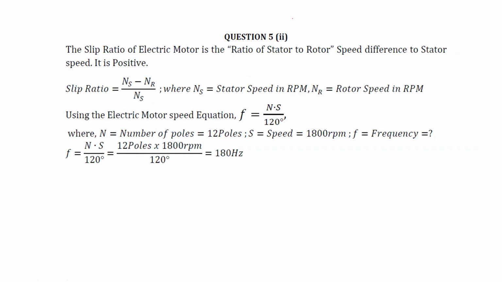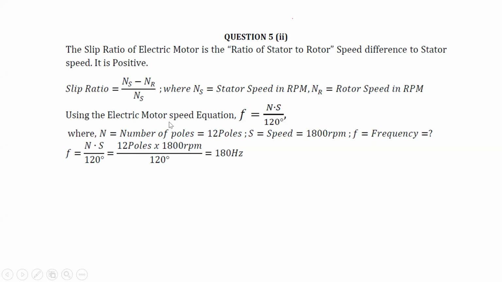So the difference between the stator and rotor, all over the stator, gives us the slip ratio. For an electric motor, the slip ratio is usually positive. Then for an electric generator, the slip ratio is negative.